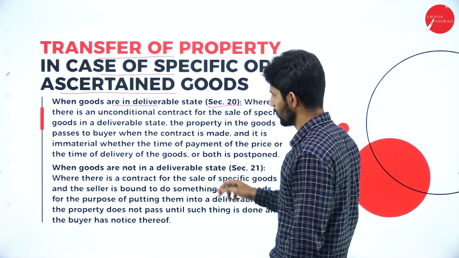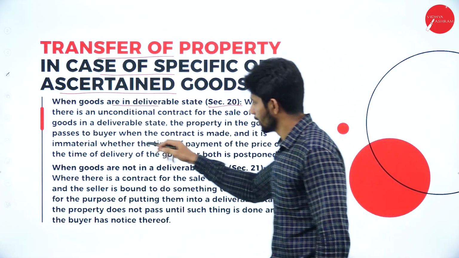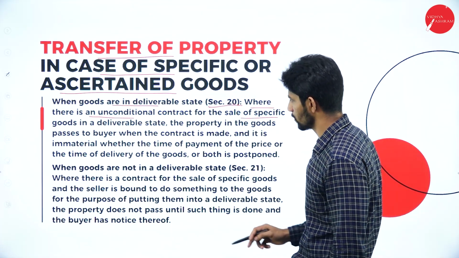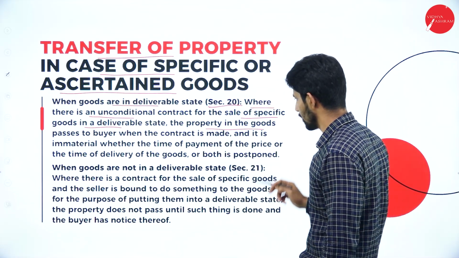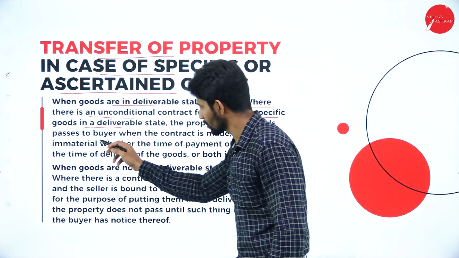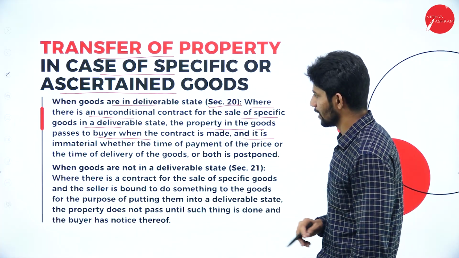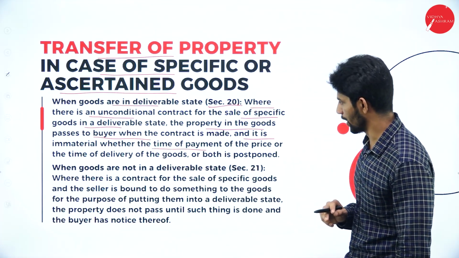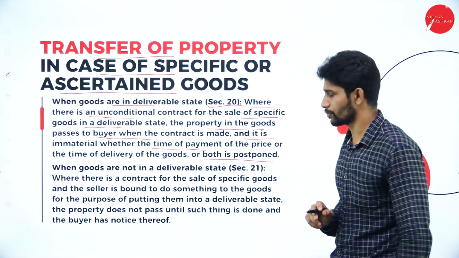Section 20 explains that where there is an unconditional contract for the sale of specific goods in a deliverable state, the property in the goods passes to the buyer when the contract is made, and it is immaterial whether the time of payment of the price or the time of delivery of the goods or both is postponed.